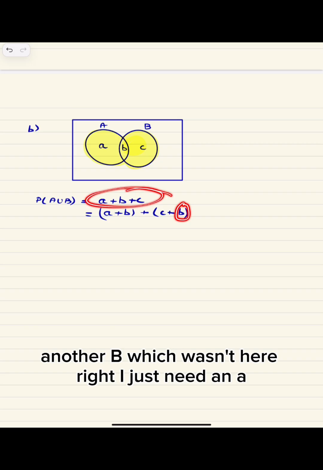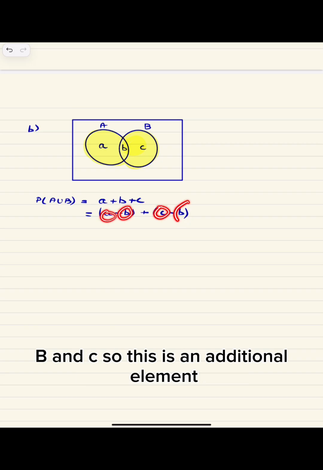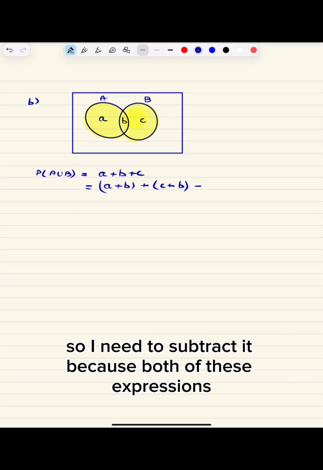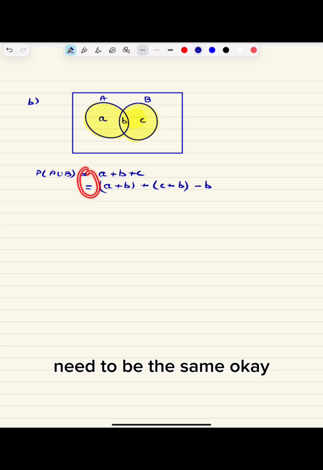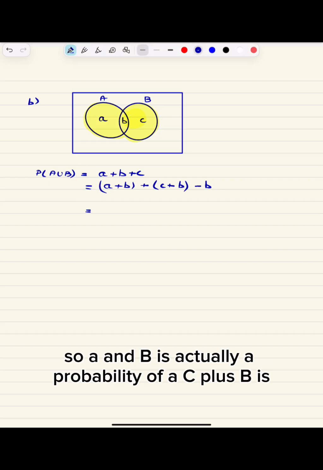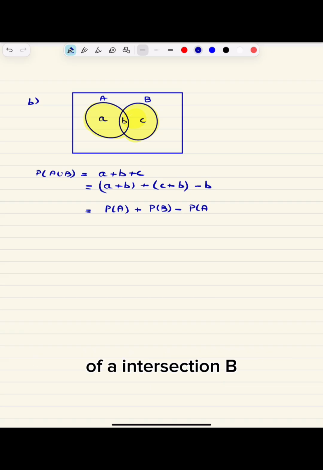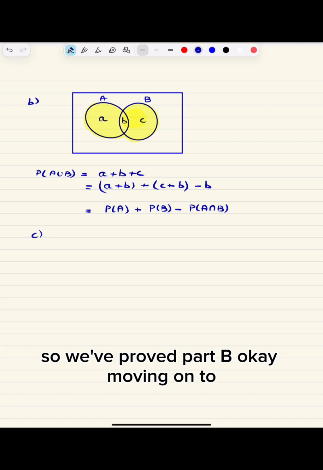I just need one A, B and C. So this is an additional element that I've added, so I need to subtract it because both of these expressions need to be the same. So A and B is actually the probability of A, C plus B is the probability of B, and B is the probability of A intersection B. So we've proved part B.